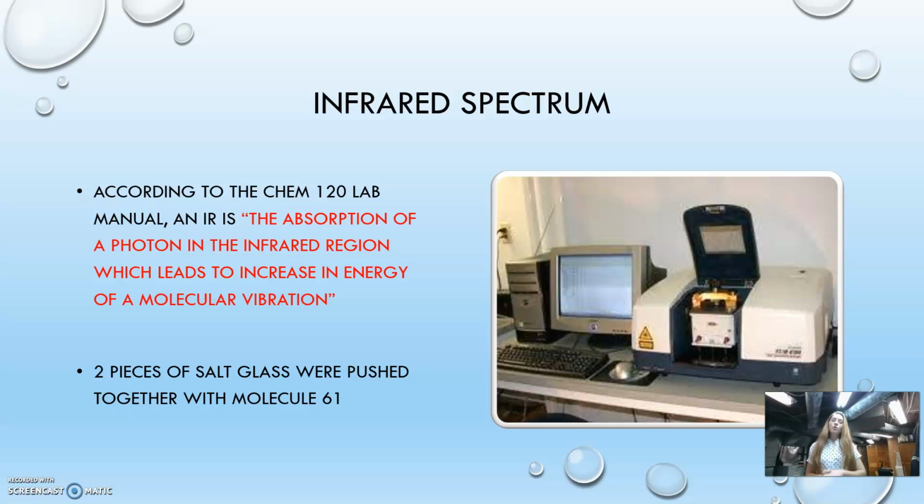Then we put them into the IR spectrometer, which is shown in the picture. It is a little bit updated from that, but very close to what it looks like. We pushed those in there, and light was transmitted through in order to give us a graph.